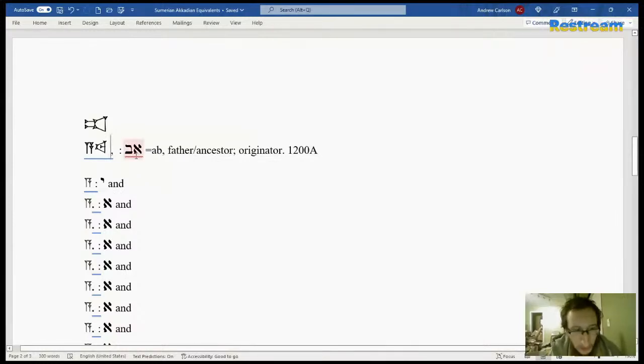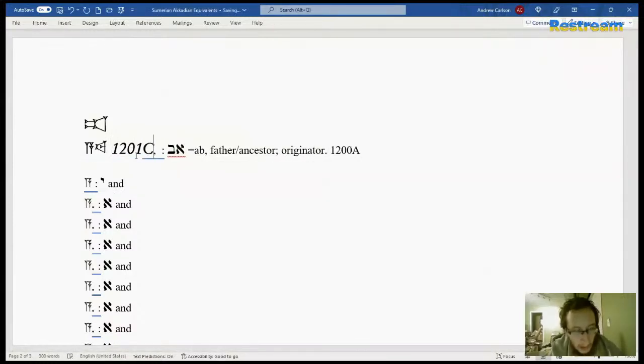Okay, so let's try 1201C Alt X. That's another way to spell it. And this other way is 1200A and 12,040.